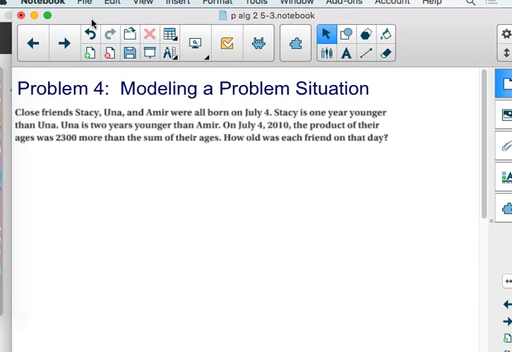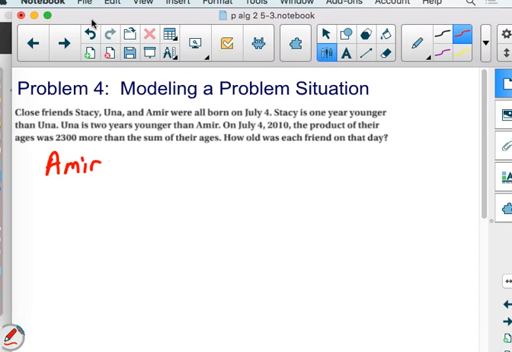Oh my goodness. Do you know how you start this problem? You ask yourself, who is it I know absolutely nothing about? Amir. I know nothing about Amir's age. So Amir is going to be x. They didn't say anything about Amir's age all the way through this. Now, it said Una is 2 years younger than Amir. So what do we do to x to get Una's age?